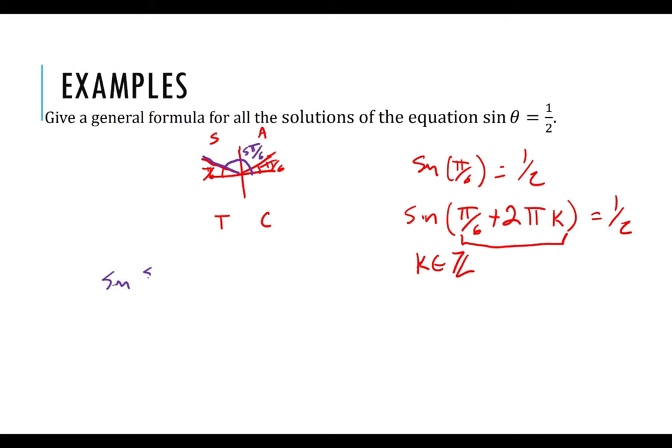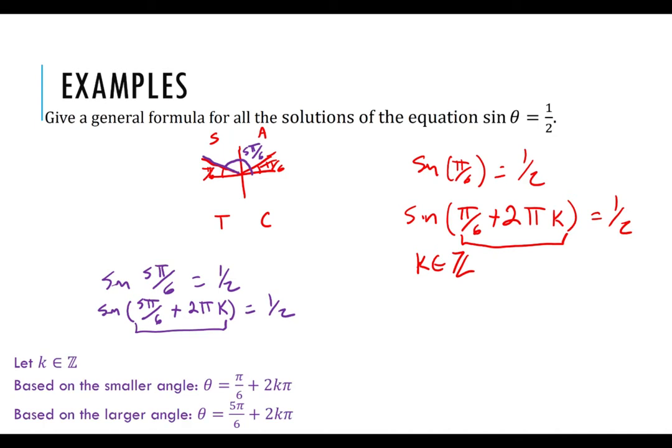So sine of 5 pi sixths is a half. If we were trying to generalize that, you could say sine of 5 pi sixths and any of its coterminal angles, which is plus 2 pi times k, where k is an integer, will give us 1/2. And so that's actually going to be the other general formula for our solutions of the equation.